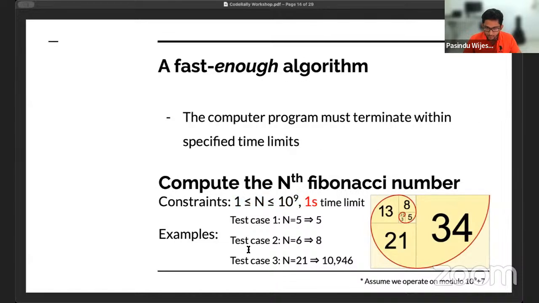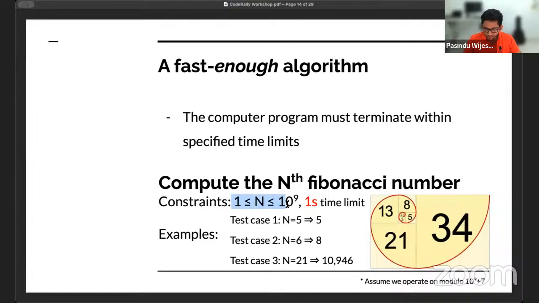And what's a fast enough algorithm? We talked a bit about this one. Your program must terminate within some specified time limit. If you take any programming competition, you usually get a time limit together with the problem specification. Again, in this example, it's 1 second.